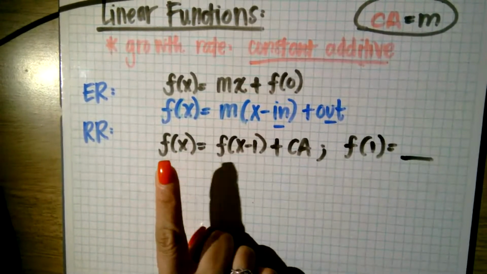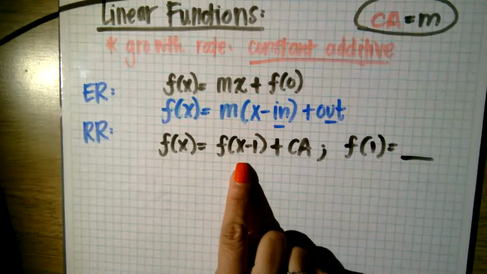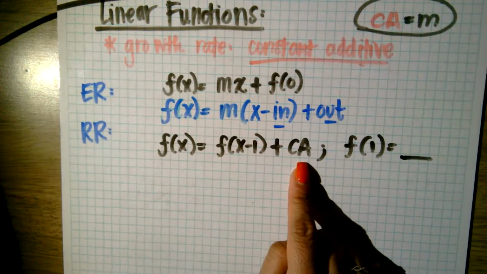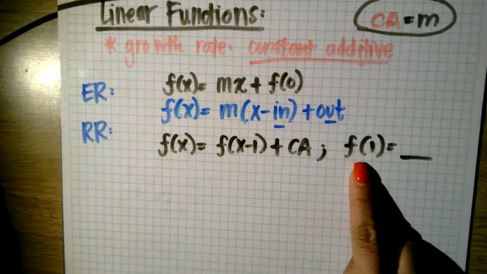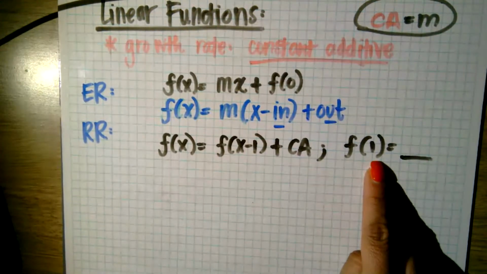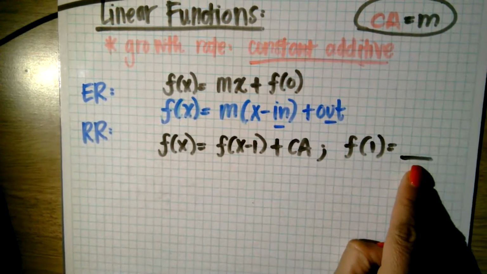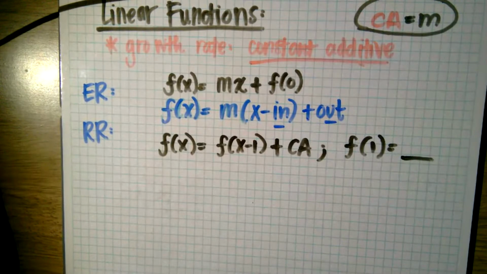It says, to get to the next output, I look at the previous output and add the constant additive to it, given that I have f of 1, which is the input of 1 giving me this corresponding output. I'm going to show you what that means looking at a random situation.